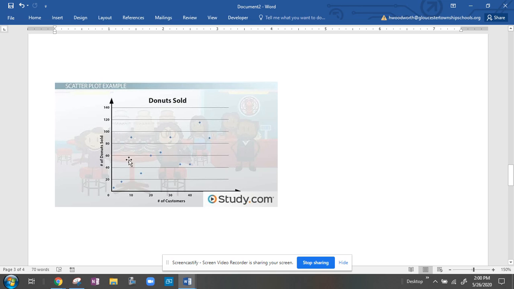I don't know why that's like 10 customers, but wow, they sold a ton of donuts. Maybe somebody was really hungry, or maybe there's a big party that somebody bought a ton of donuts for. Anyway, in general, you can see a positive trend here, where as customers increase, the dots get higher, meaning the donuts also increase.